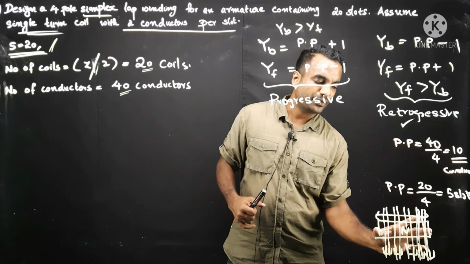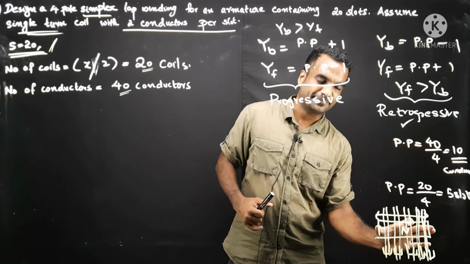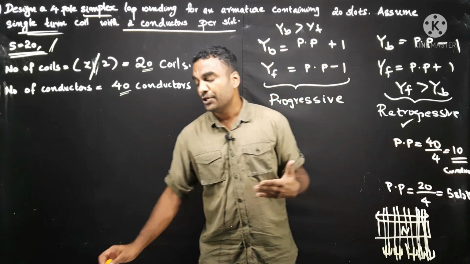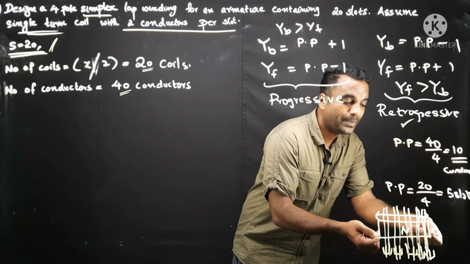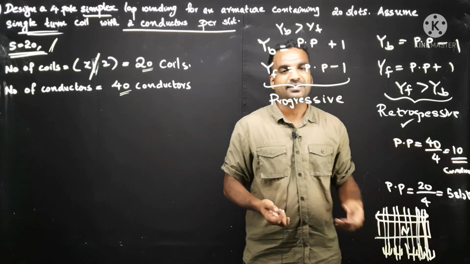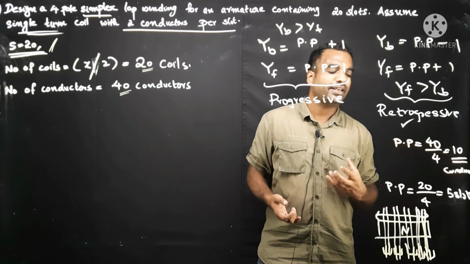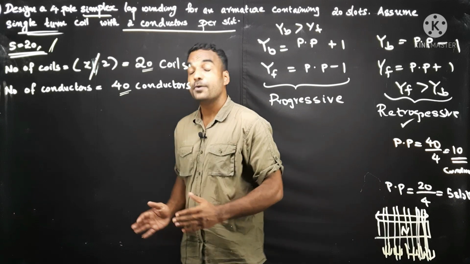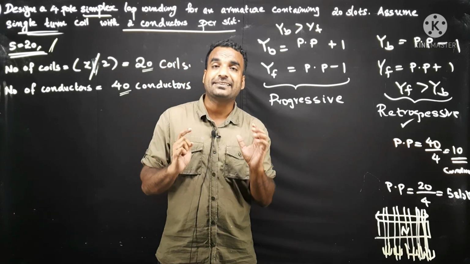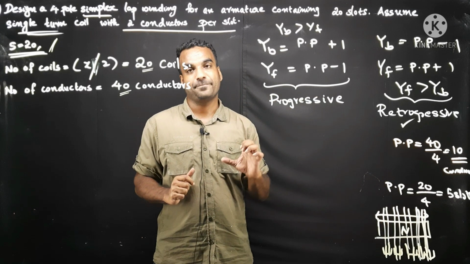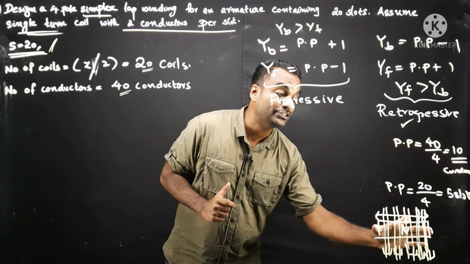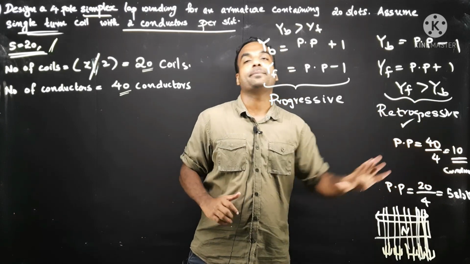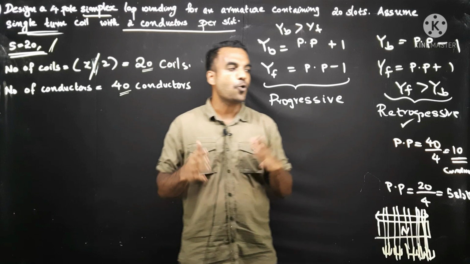If you want to express the distance, you can express it in terms of conductors or slots, because you cannot bring a scale into the machine and measure the distance in centimeters. That's why you always specify the peripheral distance in terms of slots or conductors. Anyhow, pole pitch is the distance spanned by each pole, measured in terms of number of slots or number of conductors. So I hope it is clear.